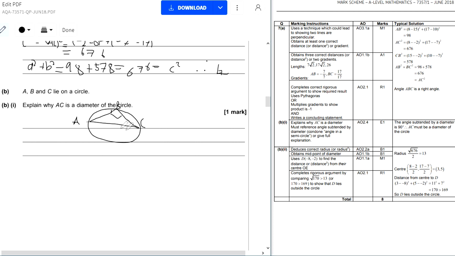If you have a triangle that has points on the circumference and one of the angles is a right angle, then the edge opposite that is going to be the diameter, which is called the angle in a semicircle, if I remember correctly. But you can just explain it, and that will give you the 1 mark.